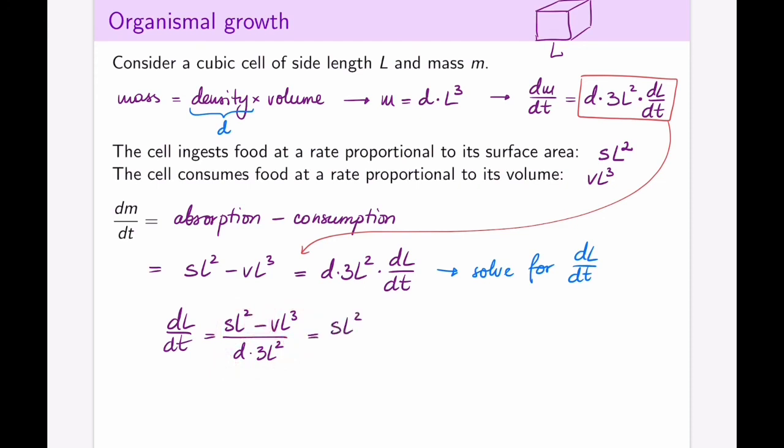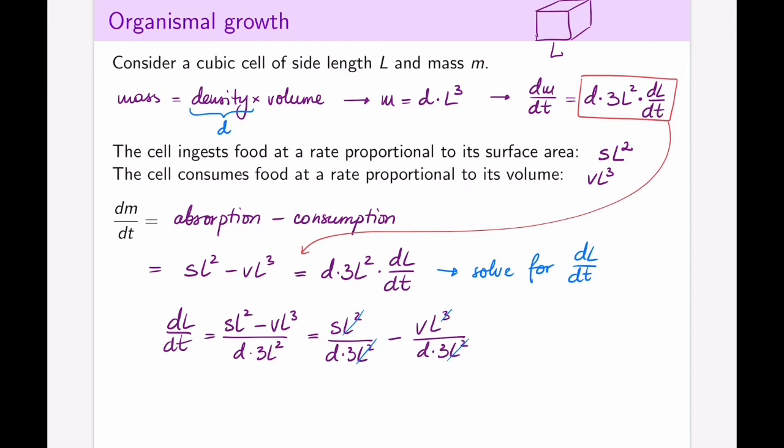I have SL squared over D times 3L squared minus VL cubed divided by D times 3L squared. And now I can notice that I can actually simplify things quite a bit, right? For example, L squares here will cancel out. A number of L's will cancel out here.